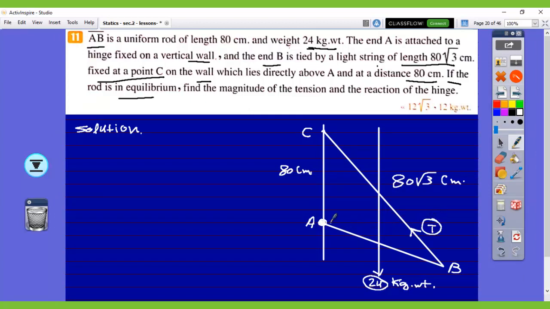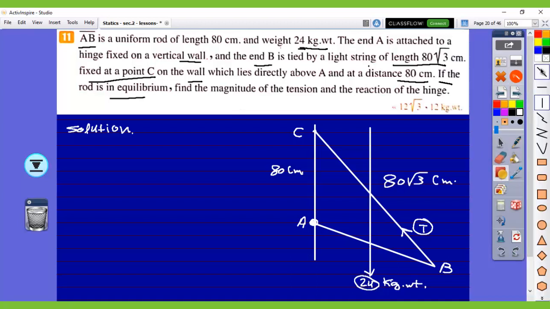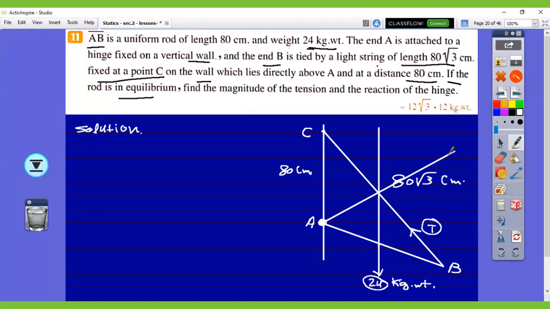The reaction of the hinge must pass through the point of intersection of the weight and the tension. So we must draw it like this, and here is its direction.